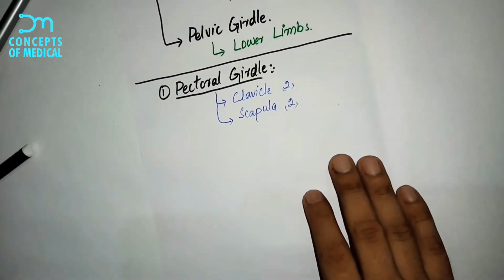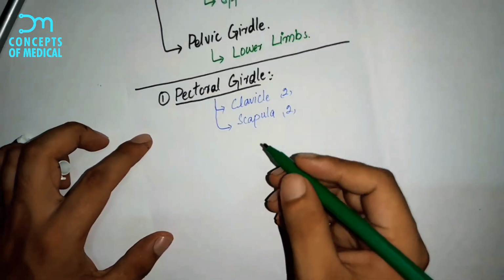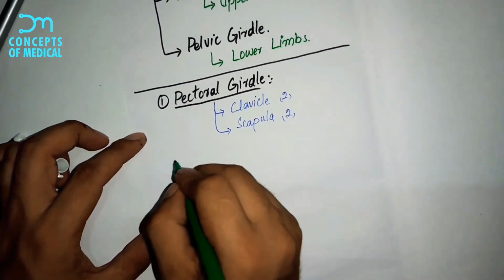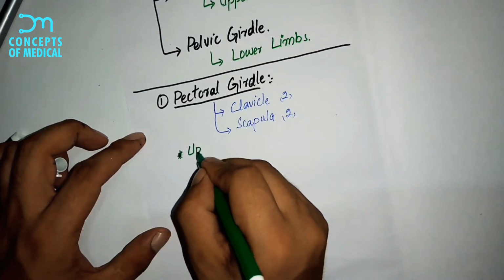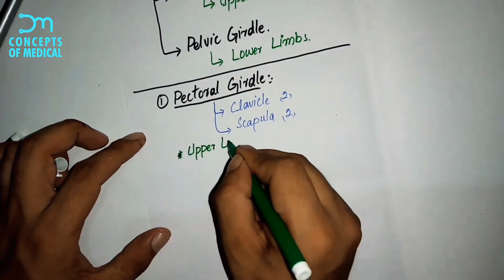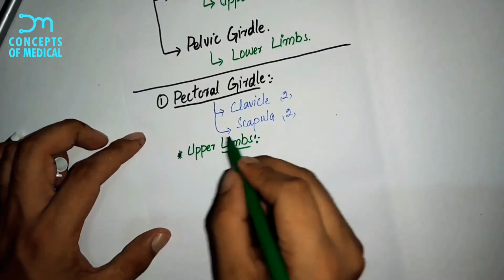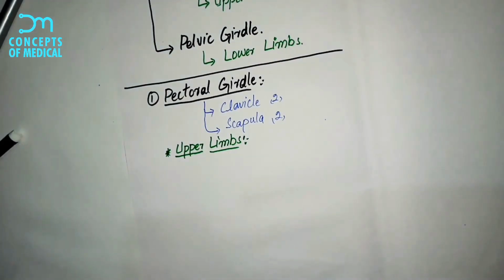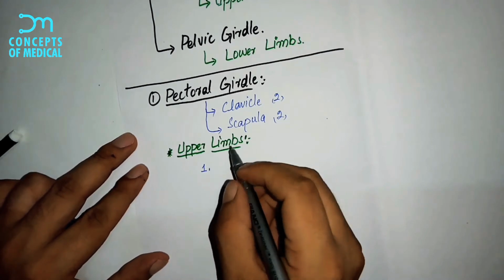Now, what are the upper limbs and how many bones do we have in them? The upper limb consists of, first, the humerus.